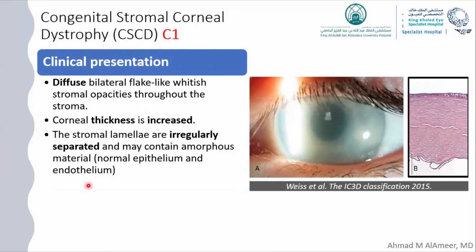The corneal thickness is increased, and in light microscopy you can see the stromal lamellae that are irregularly separated. The point to differentiate it from the endothelial dystrophy is that here the endothelium is normal, and the epithelium is normal. It's only in the stroma.